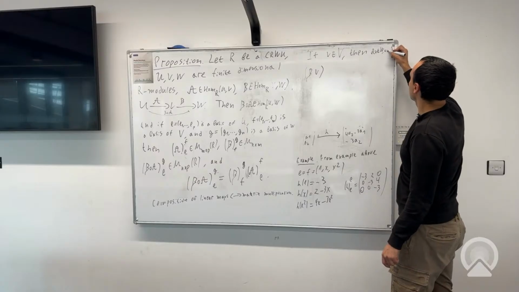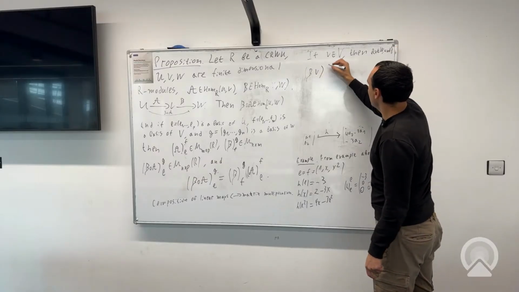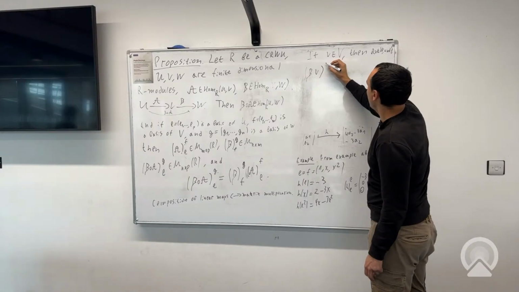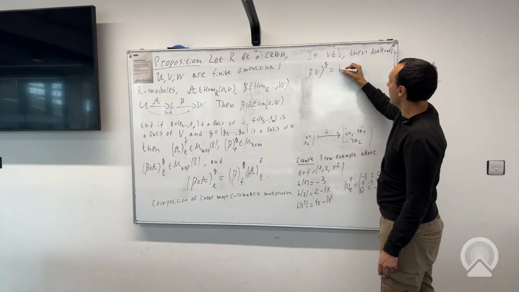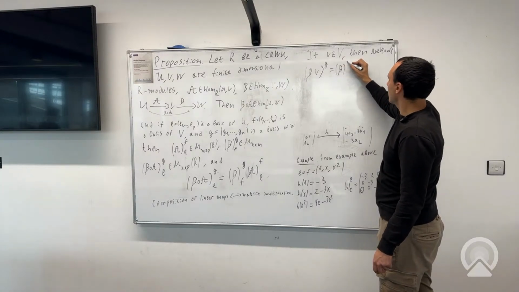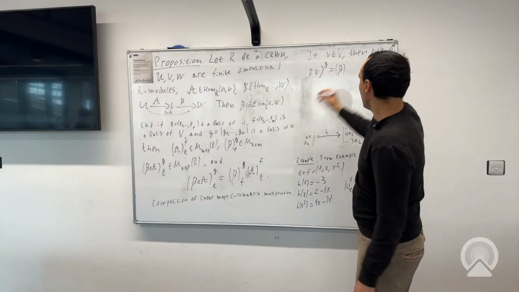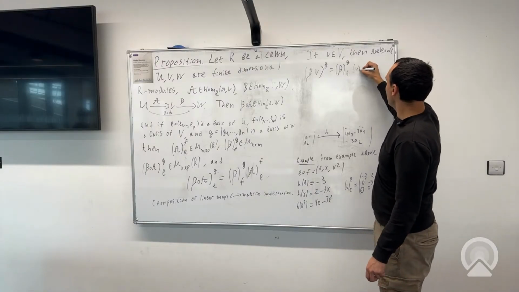And B v in the basis G is like B in the basis GF times v in the basis F.